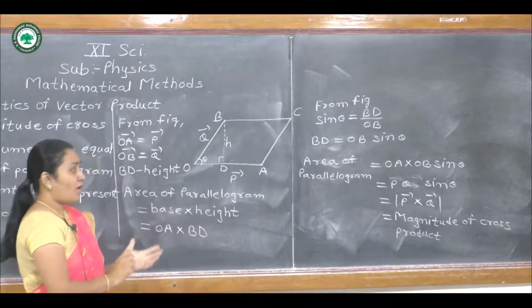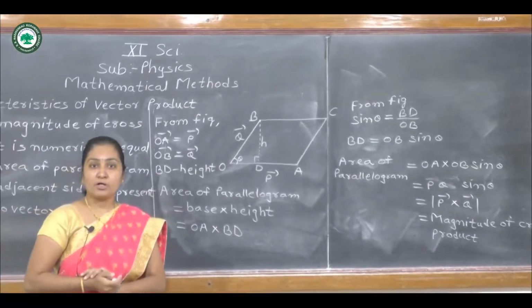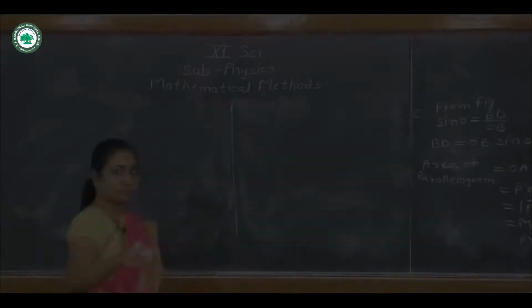Now we will solve one example to find the vector product of two vectors.